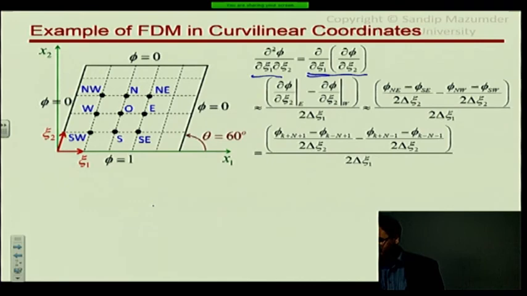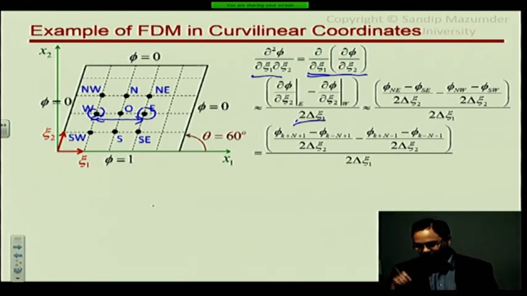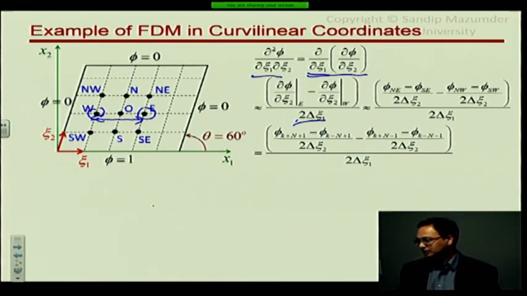I'm going to take d phi d Xi2 at the eastern node minus the western node, divided by twice delta Xi1. This is kind of like saying this is another function psi, so I'm doing the first derivative of psi: psi east minus psi west divided by 2 delta.